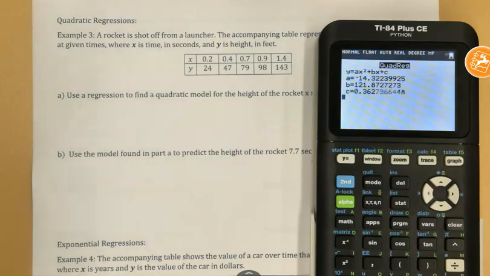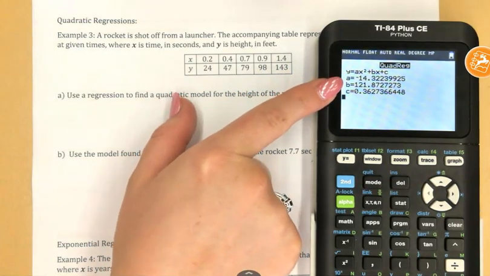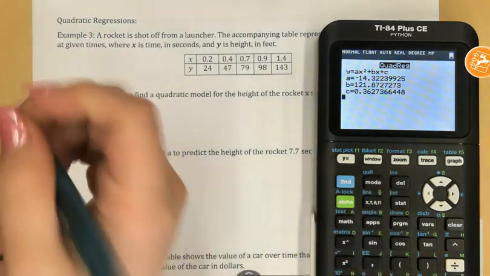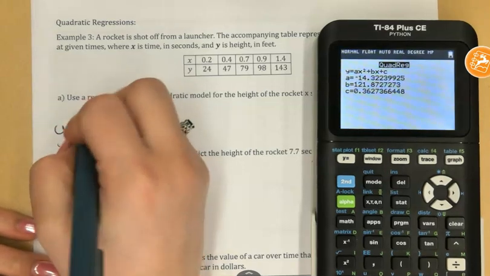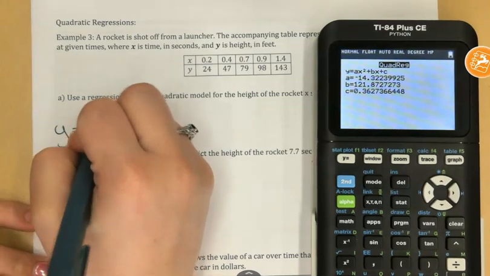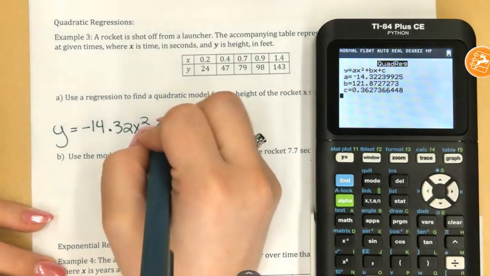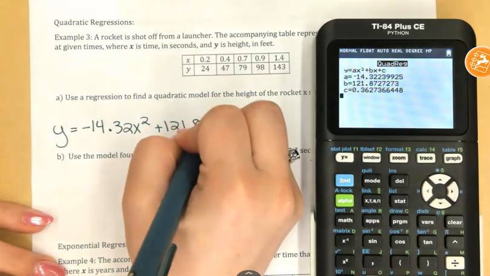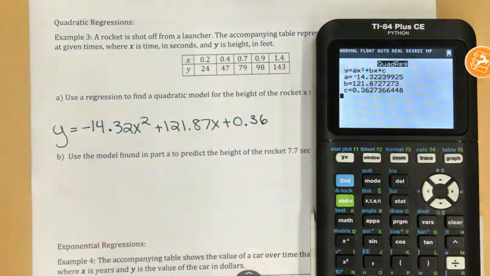And again, enter 5 times, and it gives me my quadratic, ax squared plus bx plus c, and it tells me what a, b, and c are. So the function for the height of my rocket, we'll just go to 2 decimal places for each of these values, is negative 14.32x squared plus 121.87x plus 0.36.